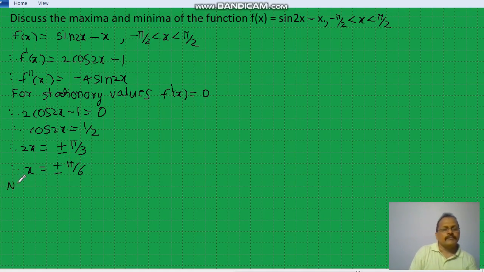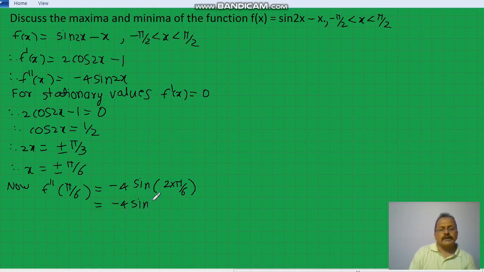Now f double dash of positive pi by 6 is equal to minus 4 times sine 2 into pi by 6, that is minus 4 into sine pi by 3. Sine pi by 3 value is root 3 by 2.